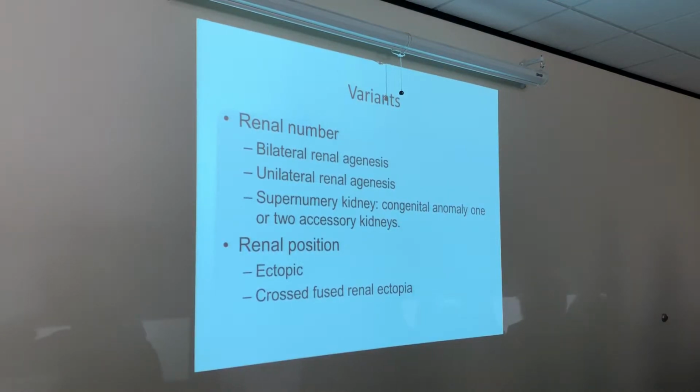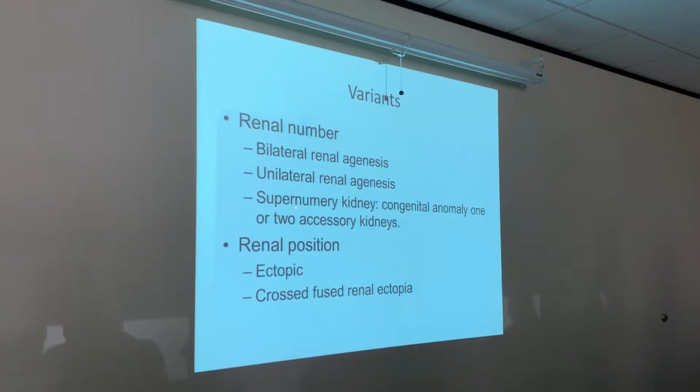So, other variants that we can have. Bilateral renal agenesis. What does agenesis mean? No kidney. This is not compatible with life. Okay? Unilateral renal agenesis. I'm missing one kidney. That means that the kidney that I do have is going to be very big, 13, 15 centimeters. A kidney is usually about the size of your fist.